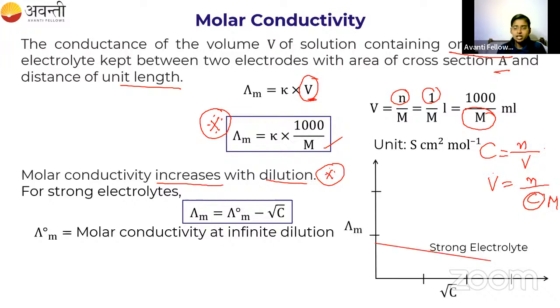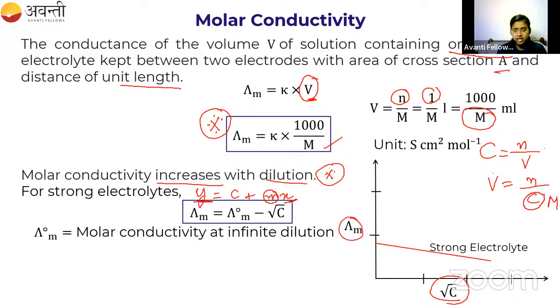We have a graph like this in which we are getting a straight line. Why are we getting a straight line here? Because this equation is of the form y is equal to mx plus c. Here m is the slope and the x-axis is root c, and in the y-axis we have lambda.